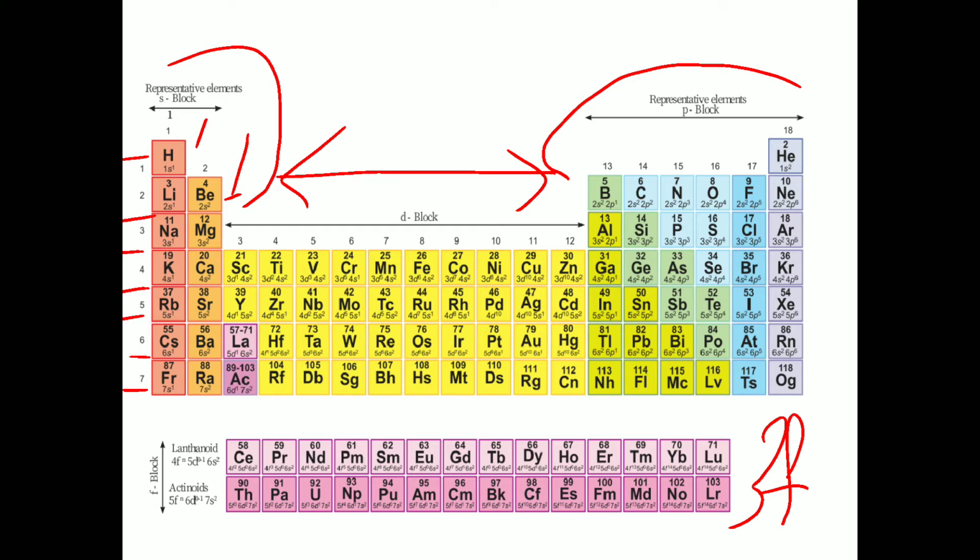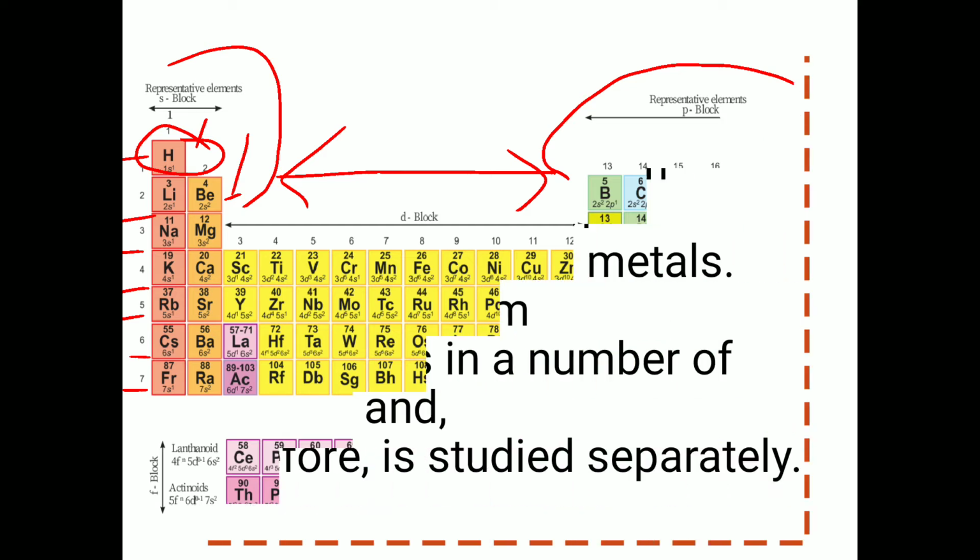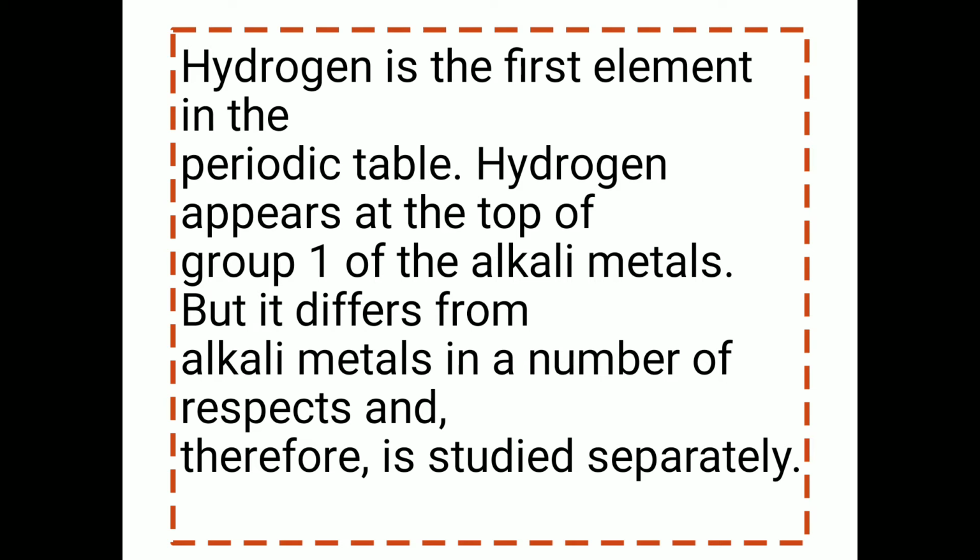Out of that, hydrogen has different properties as compared to lithium, sodium, potassium, rubidium, cesium and francium. So while studying the alkali metals we do not study hydrogen, and due to COVID-19 the properties of hydrogen part has been deleted. So we directly go to the alkali metals and alkaline earth metals.